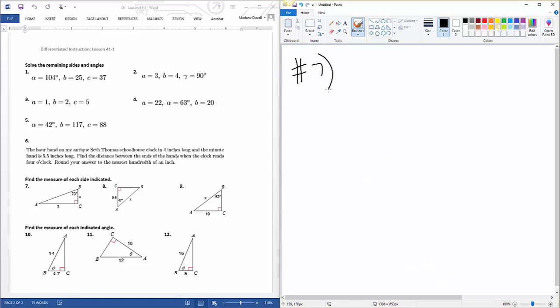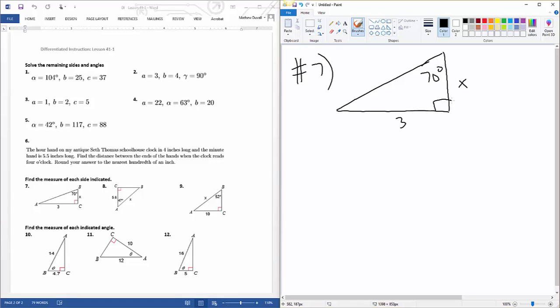So number 7 says find the measure of each side indicated. So drawing this out, this says 70 degrees, this is 3, this is x. And so because this is a right triangle, I can use my sine, cosine, and tangent ratios, or SOHCAHTOA, to be able to find that.